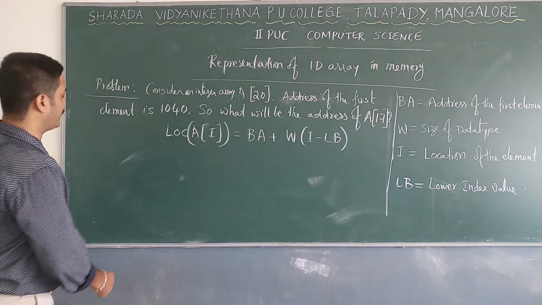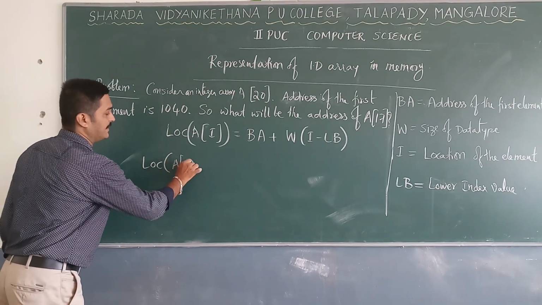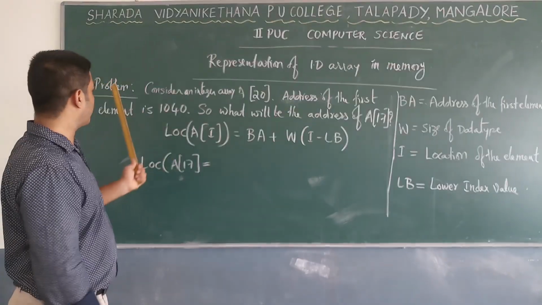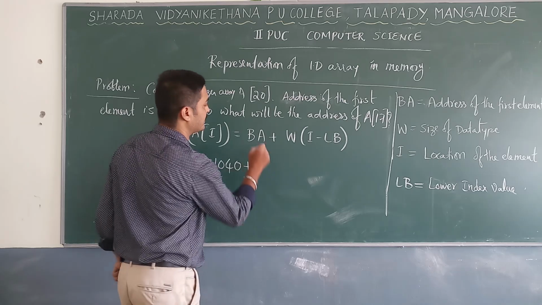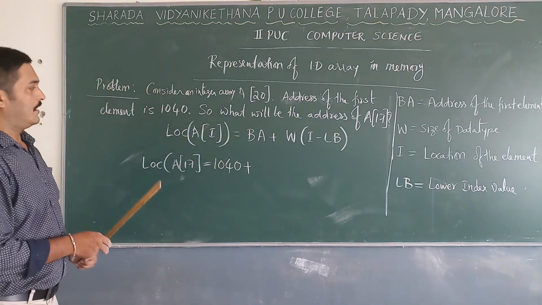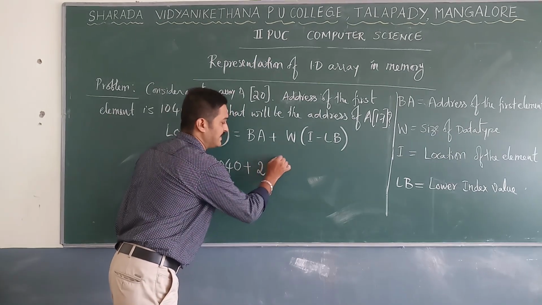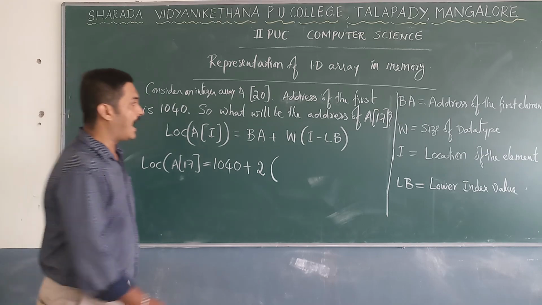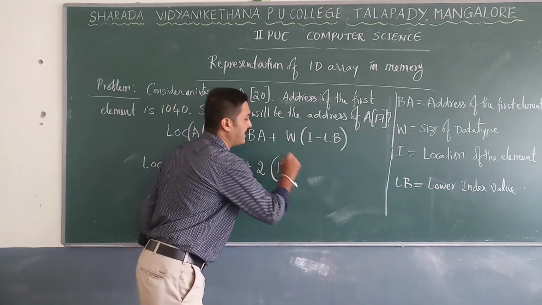So we have to calculate the location of A[17] equals base address. Base address means the address of the first element, 1040, plus W, meaning width. We are using an integer array, so its size is 2. W means size of data type or width. I means location of the element, 17, minus LB.